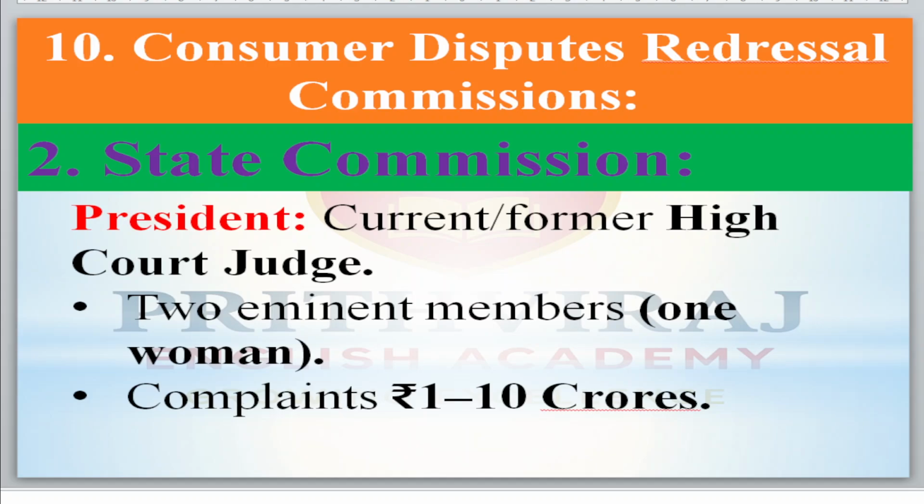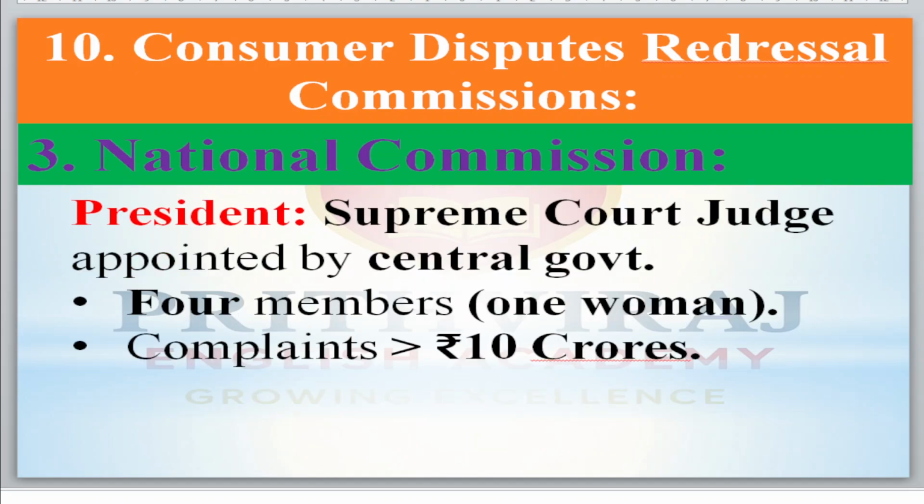In a state commission, the president is a current or former high court judge, with 2 eminent members, one a woman. Complaints should be more than 1 crore and less than 10 crores. If it is more than 10 crores, we have to move to the national commission at the central level.